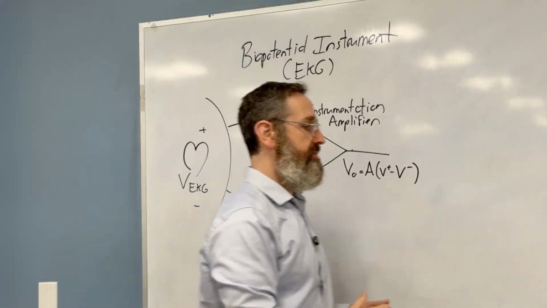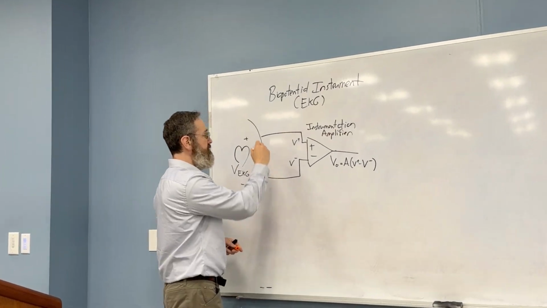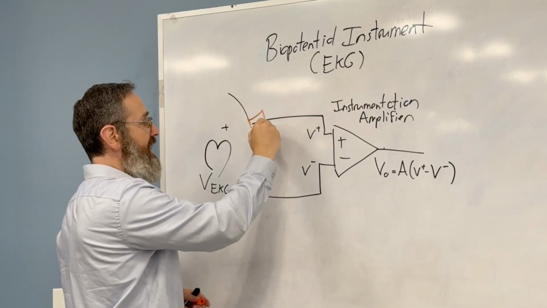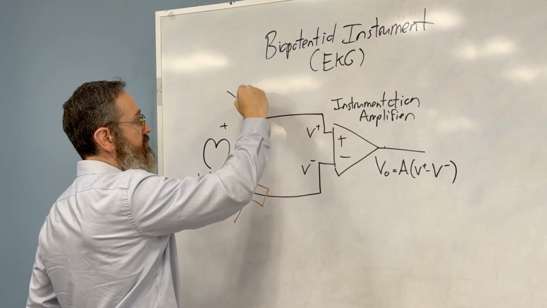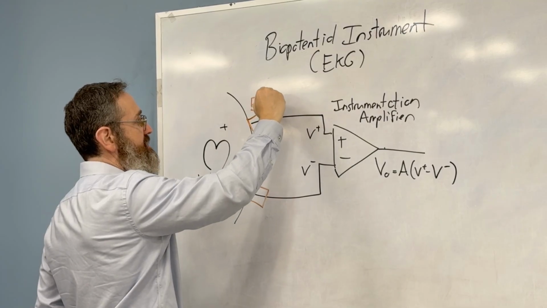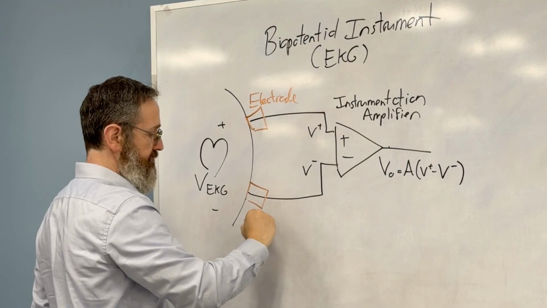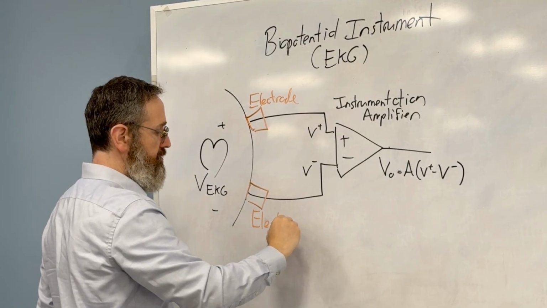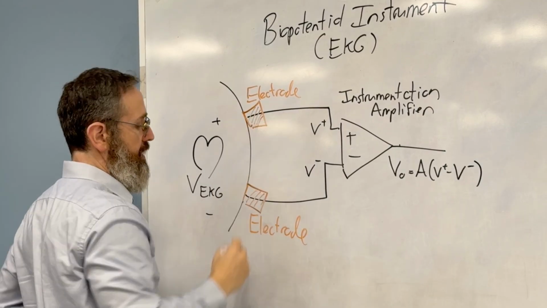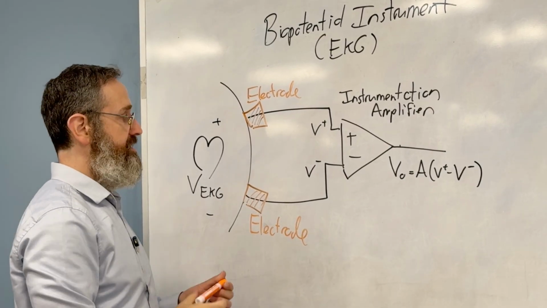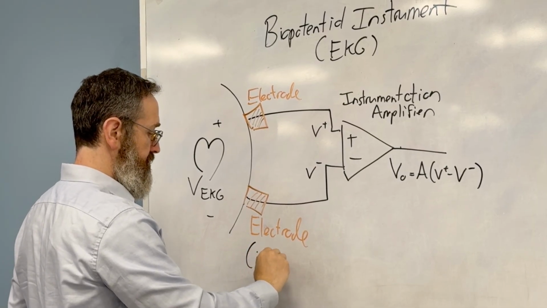We discussed last class that as with all instruments, we need some sensors at the interface with the body. For biopotentials, the sensors are called electrodes. And like all sensors, they will introduce noise.